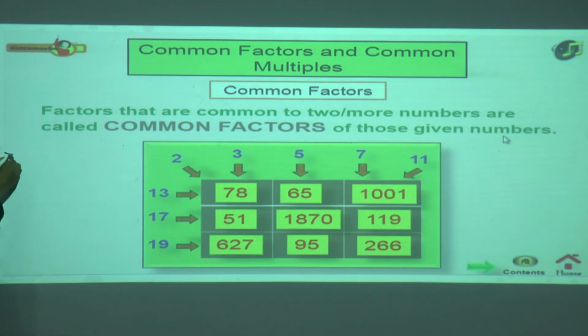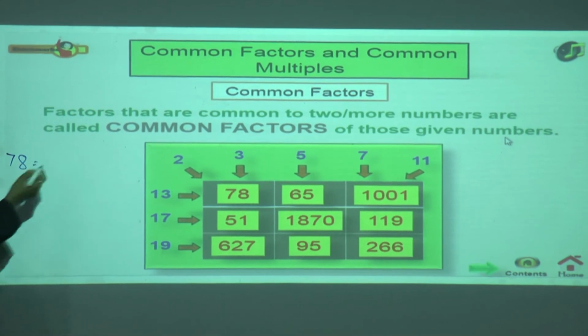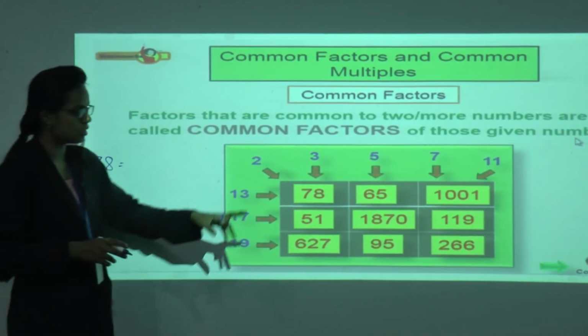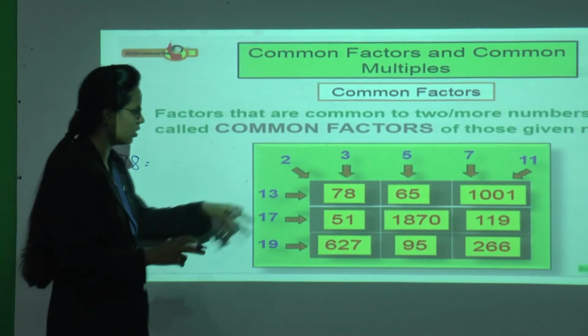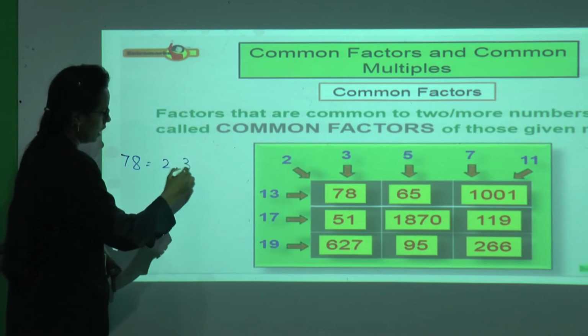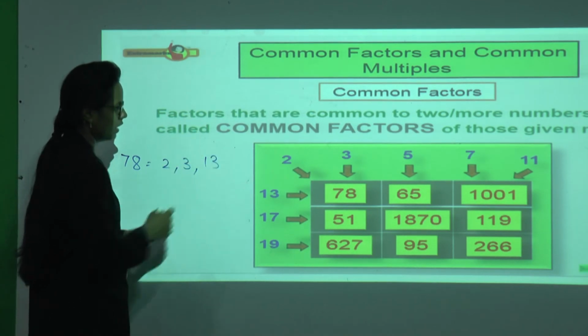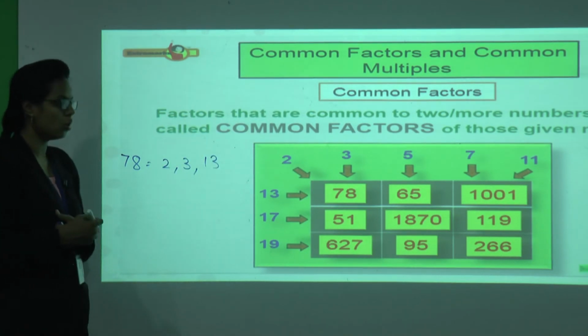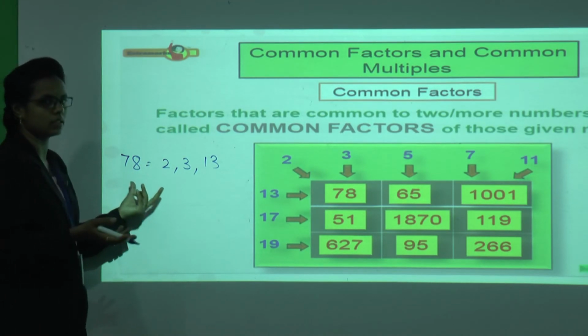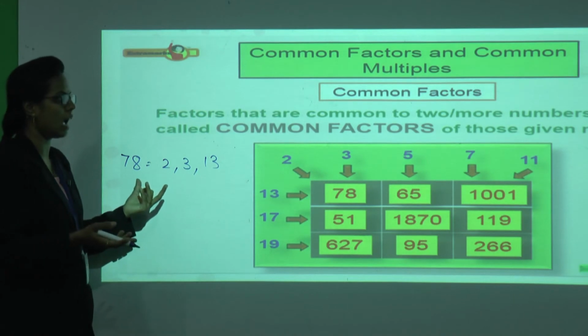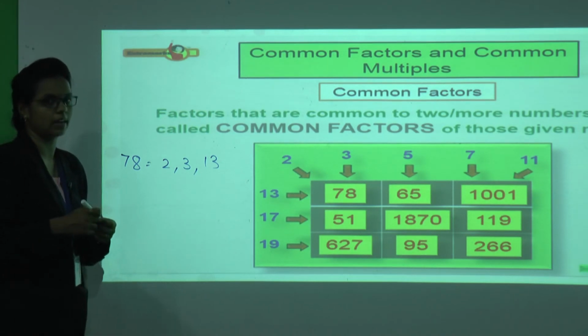The factors of 78 given in this table are 2, 3 and 13. So in this way a number can have two or more factors.